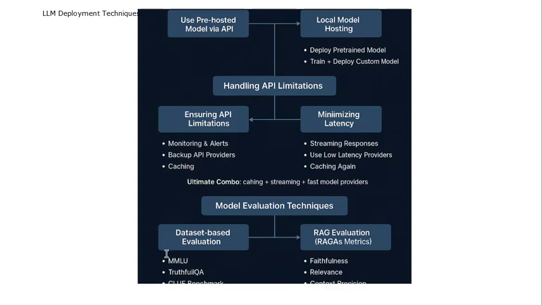If you analyze your model with MMLU, it will provide the score or performance of your model on subjects like maths, physics, chemistry, science, and social studies, showing how your model is responding. Whereas TruthfulQA checks the truthfulness of the model's answers, and GLUE focuses on the natural language understanding tasks of our model.